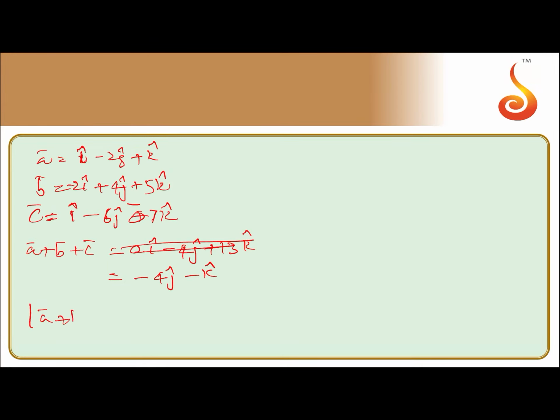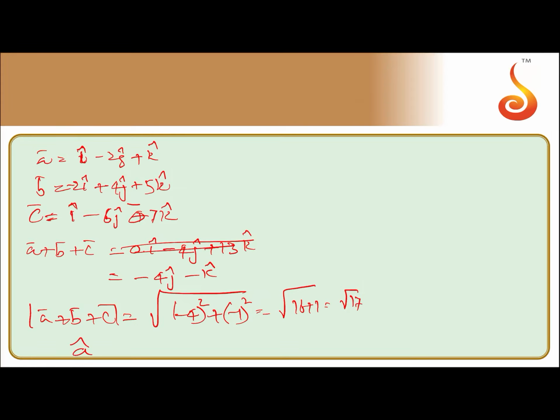And the magnitude of a plus b plus c is under root of minus 4 whole square plus minus 1 whole square, 16 plus 1, which is root 17. This is the magnitude.